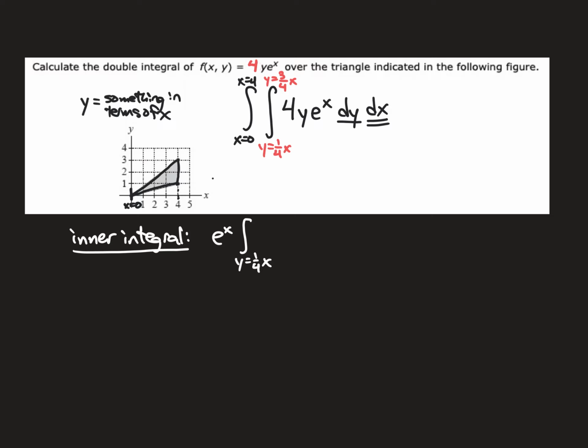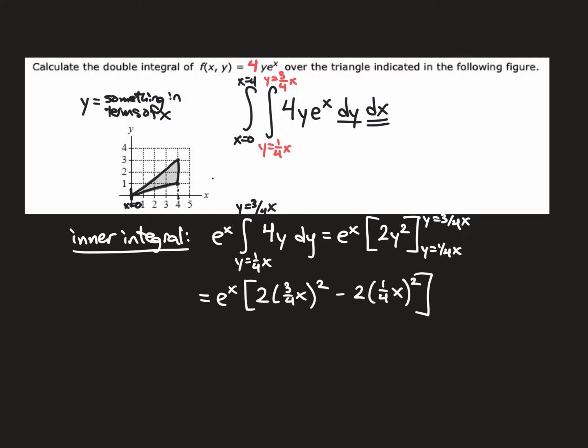So we're integrating from y is equal to 1/4 x to y is equal to 3/4 x, and the function that we are integrating is 4 times y dy. So e to the x is going to stay on the outside. The antiderivative of 4y is 2y squared, and we want to evaluate this from y is equal to 1/4 x to y is equal to 3/4 x.